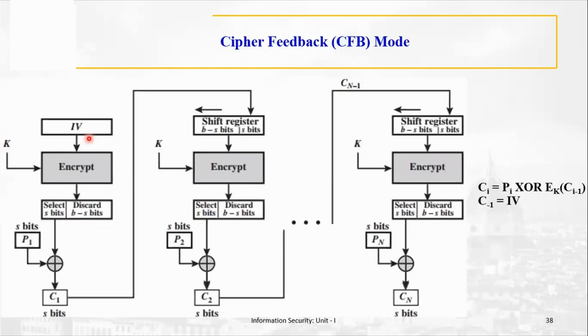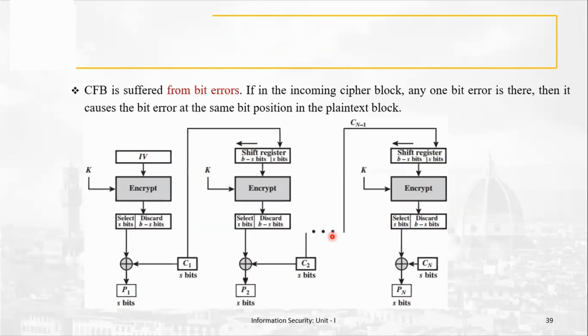So at least what we can do here is we are encrypting the IV so that the initialization vector gets secured, and whatever process you are doing will have one additional level of security.